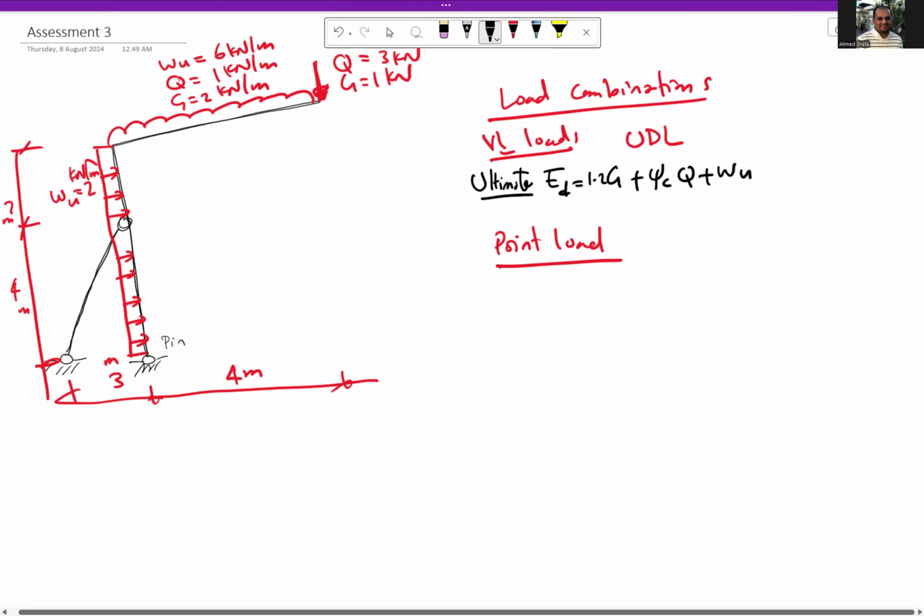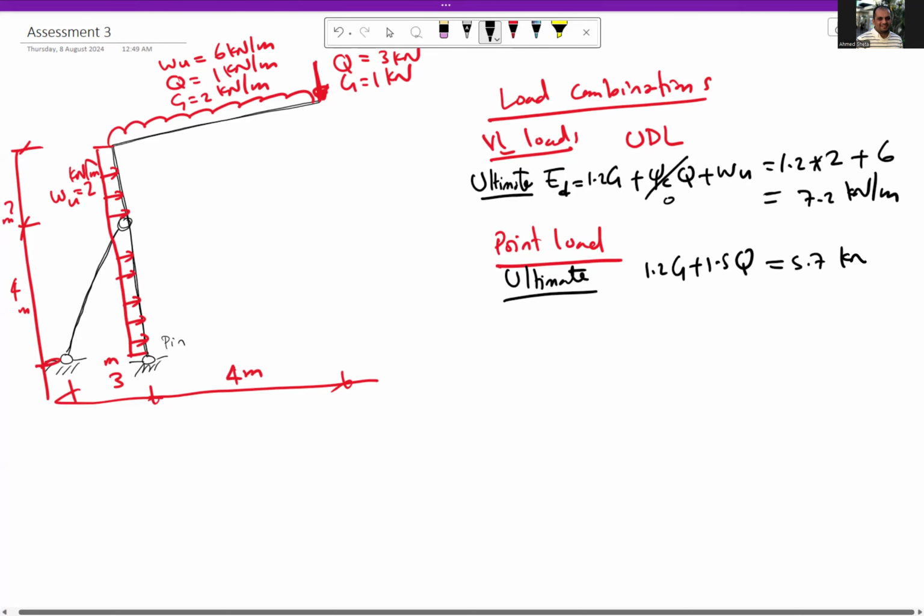In this case, psi c equal to 0, so it will be 1.2 G, which is 2, plus 6 kilonewton. So the uniform load will be 7.2 kilonewton per meter. For point load, the ultimate will be 1.2 G plus 1.5 Q, so it is 5.7 kilonewton.